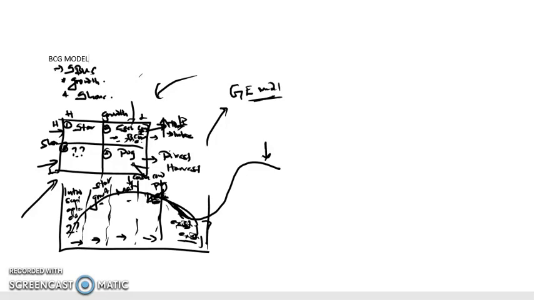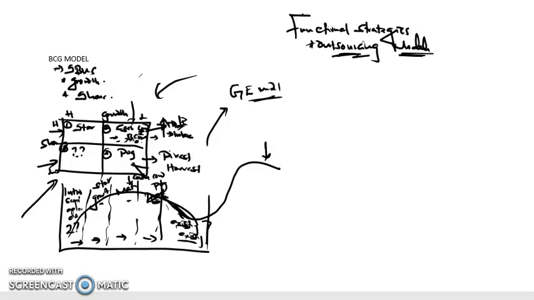Now, I wanted to talk about the last strategy, which we talked about, functional strategies. And in functional strategies, I will talk about outsourcing. I will expand this further in class, but the outsourcing models that we use would be one of the critical things that I want to bring.